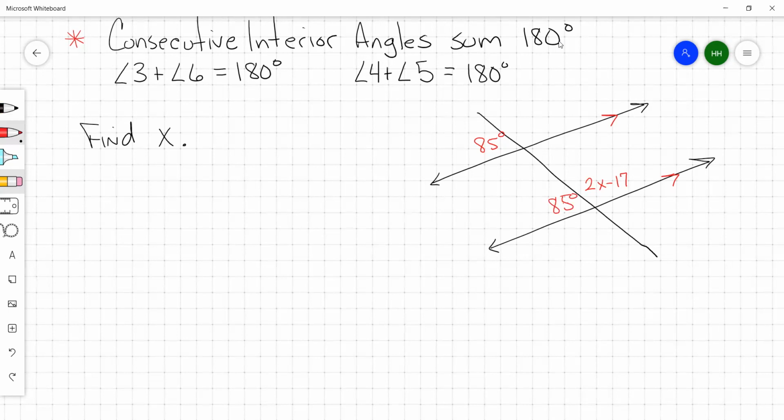They're corresponding angles, they're congruent. Now, do you see the relationship in these two angles? They form a line, so they're a linear pair. And a linear pair sums to 180. So the way you would solve for x here would be to take 2x minus 17 plus 85 and make it equal to 180.